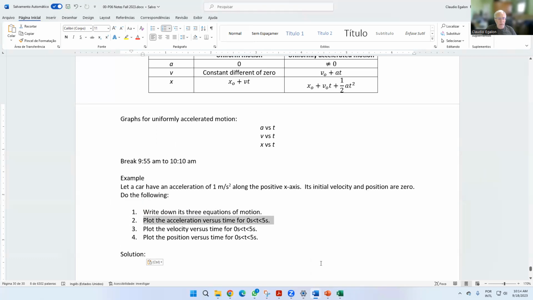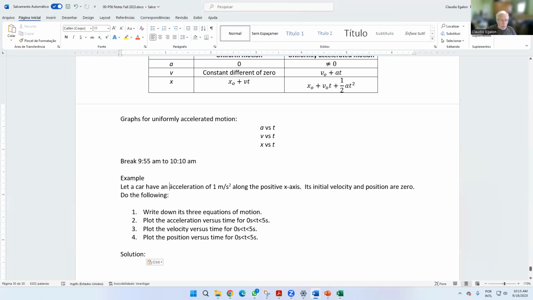Plot the acceleration versus time, the velocity versus time, and the position versus time. Try to see if you can solve that on your own. Write down the three equations of motion.